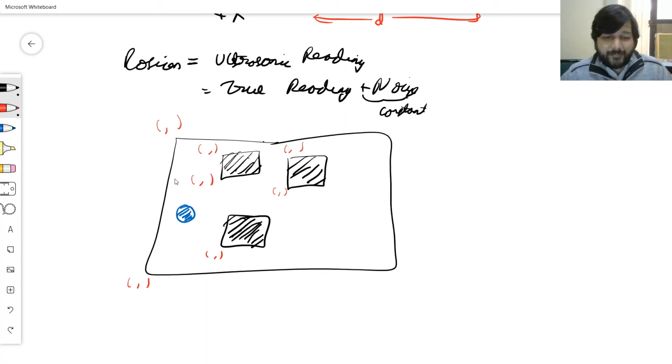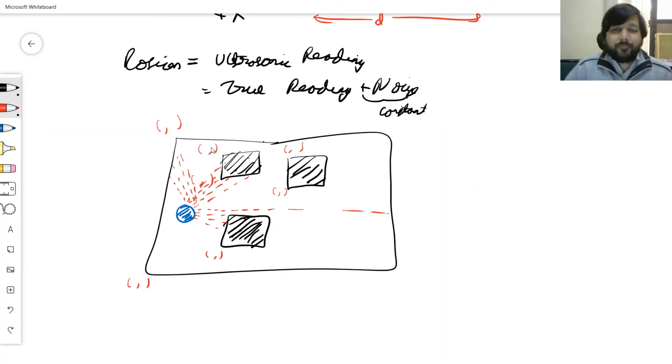It invokes these laser readings. So I get some kind of a laser map, and using techniques very similar to image recognition, how do you find corners in image recognition? I find out what these corners are.